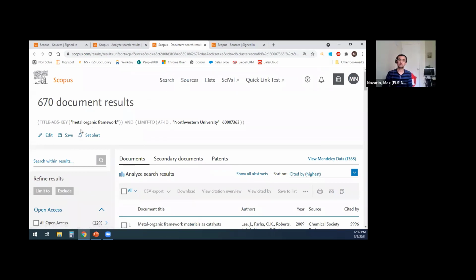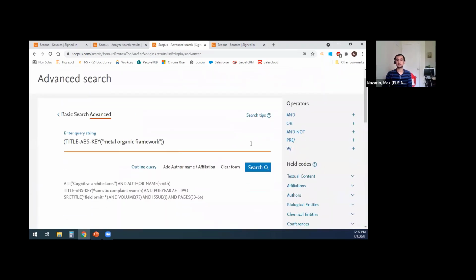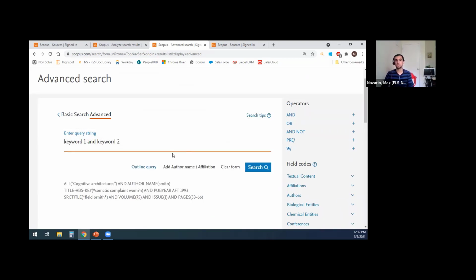There's another question about the other operators that we saw in the Scopus advanced search. The others are relatively straightforward, but I will go through them very briefly. AND is essentially when you have two search terms, keyword 1 and 2, you want both of them. If either one of them is missing, then you want to exclude that result.